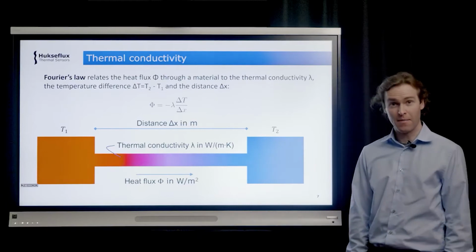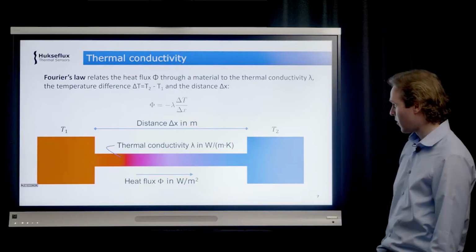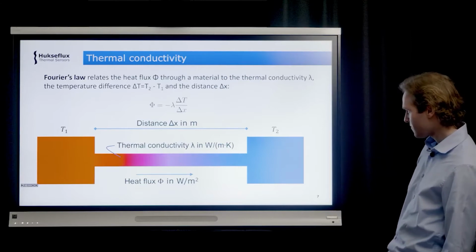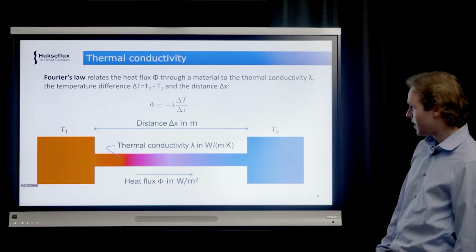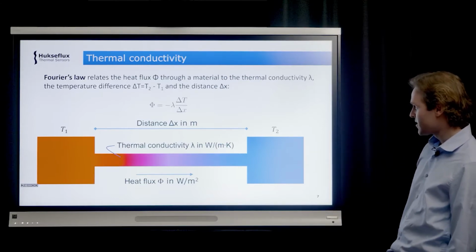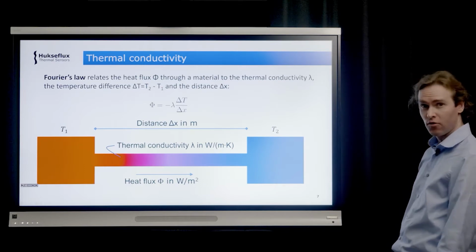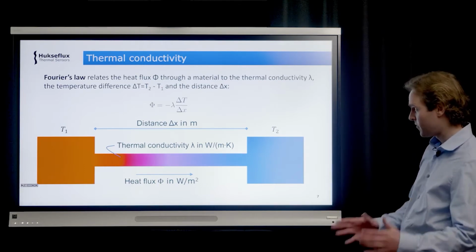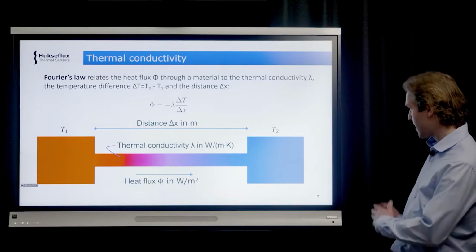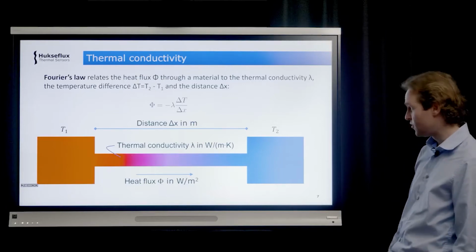So how does this work on a macroscopic scale? Well, consider this rod, which has a length delta x, and where one side of the rod is kept at a warm temperature T1, and the other side is kept at a lower temperature T2.